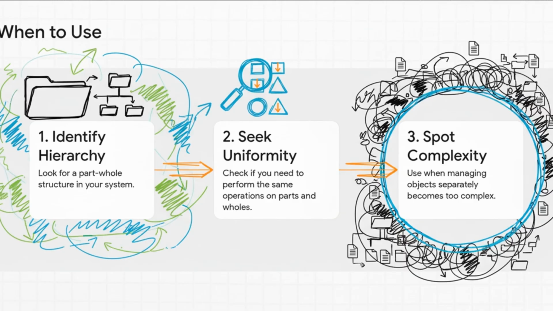Second, ask yourself, do I need to perform the same operations on both the little pieces and the big containers? Do you want to calculate the price of a single product and a whole box of products using the same method call? And finally, if your current code is getting messy because it's managing them separately, that's your cue. That's a huge sign that the composite pattern could be your answer.